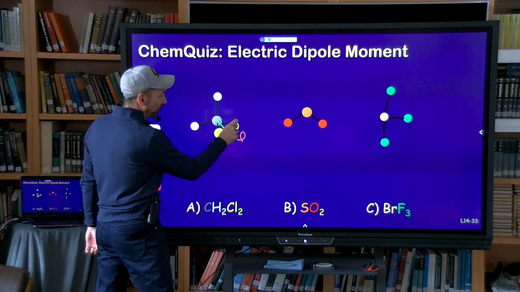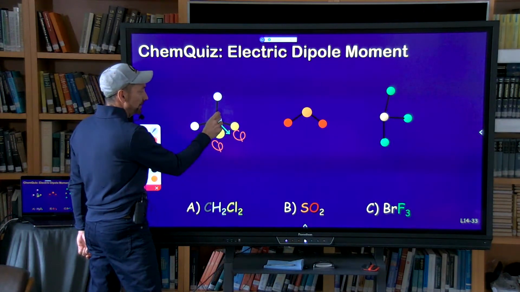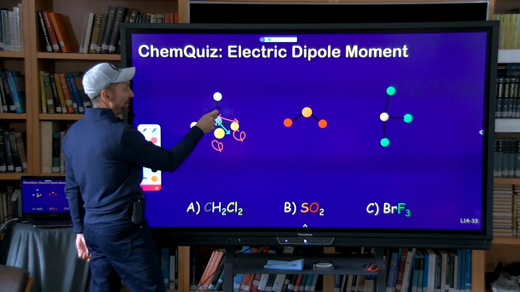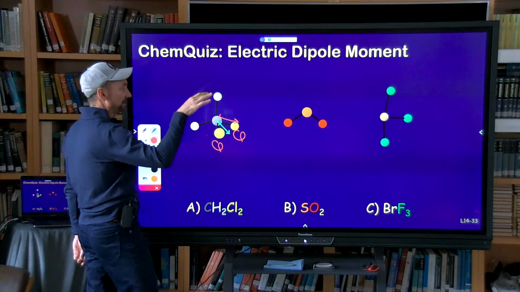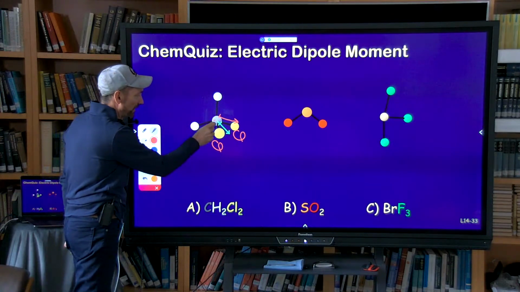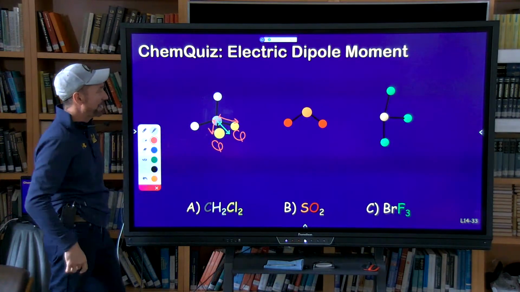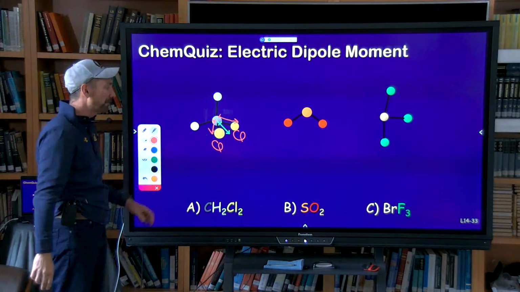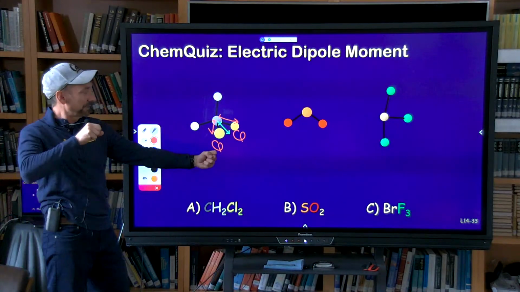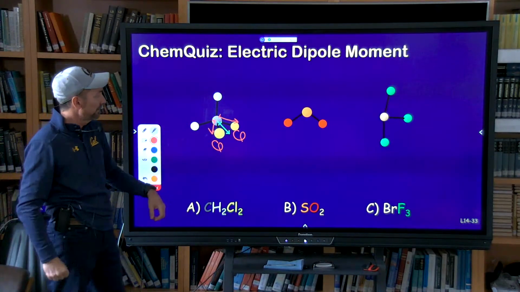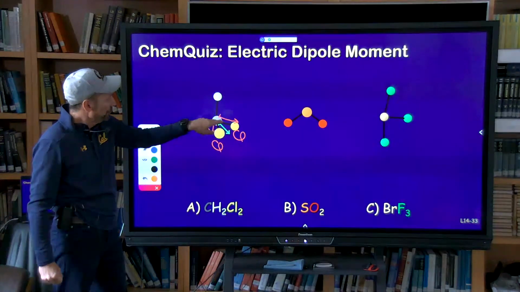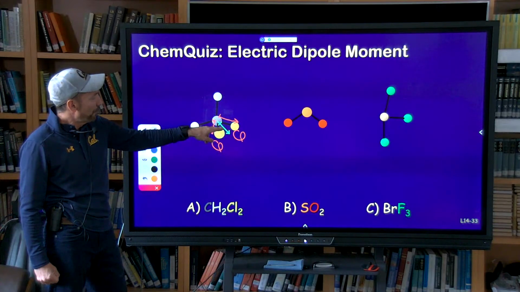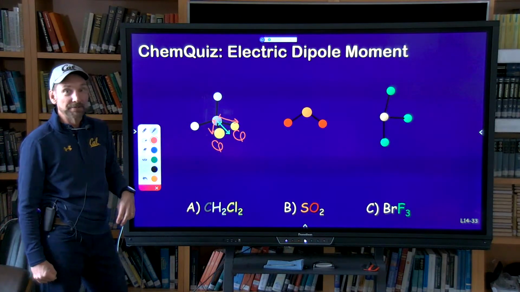The chlorine is more electronegative than the carbon, so there's a little dipole moment there that points from the positive to the negative. It's a little vector along that bond. There's tiny ones. Carbon and hydrogen have a very similar electronegativity, so there isn't a lot of polarity there. Those two little pink ones that I've drawn add up to give the whole molecule a dipole moment.